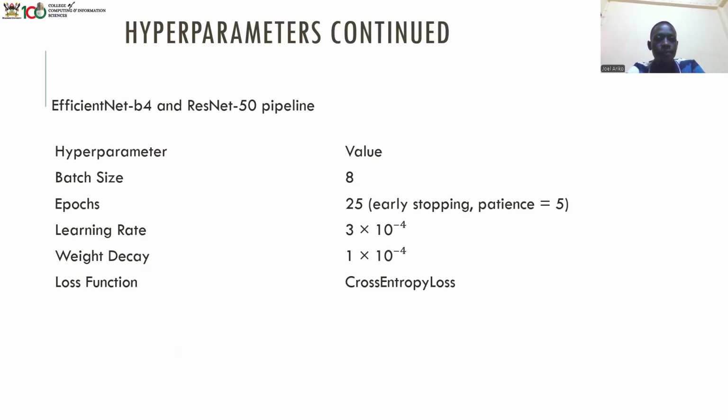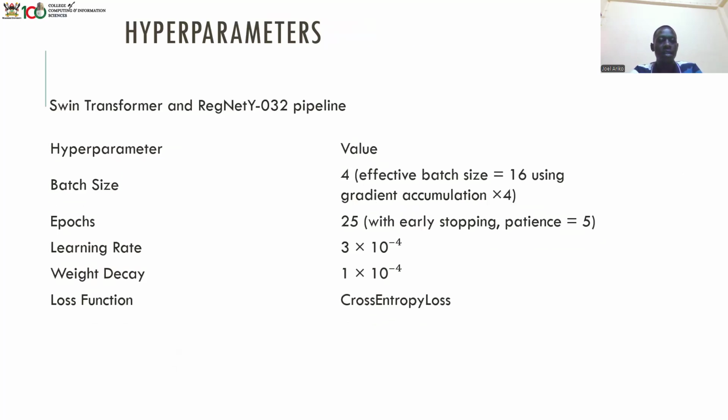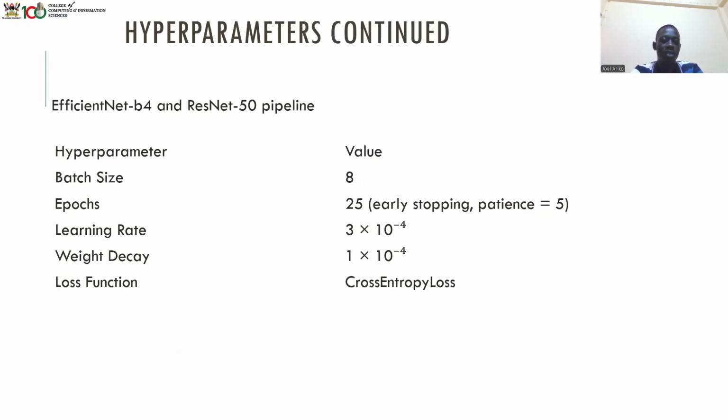Then for the hyperparameters of the EfficientNet-B4 and ResNet architectures, I used one pipeline, but with different specifications based on the architecture.